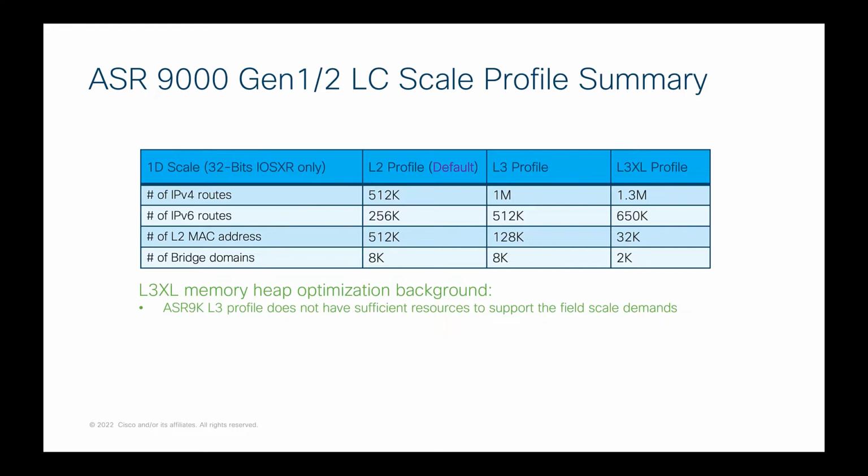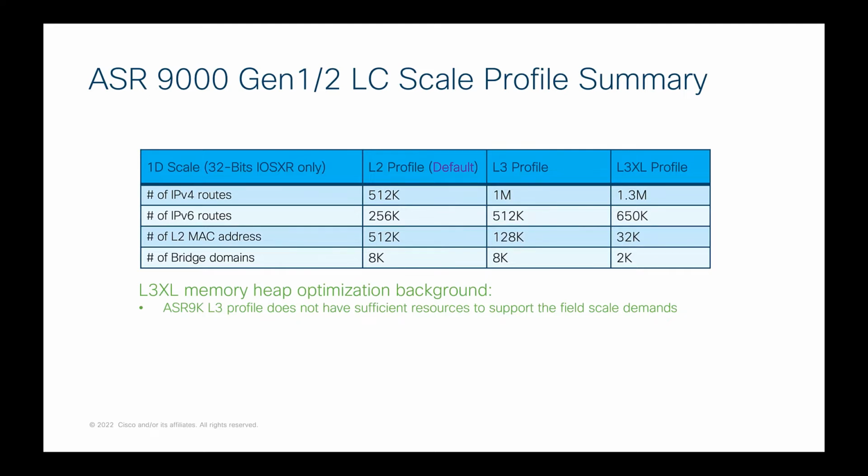This is the ASR 9K generation 1 and 2 line card scale profile. As you see, we use the Layer 2 profile as the default. If the customer has more Layer 2 demands, then this is the typical profile they should use. But if they want to increase the Layer 3 forwarding table, then they can select the Layer 3 profile.